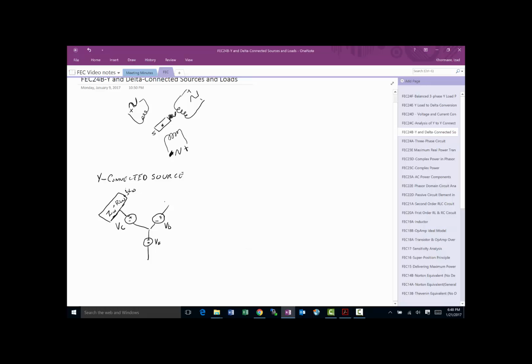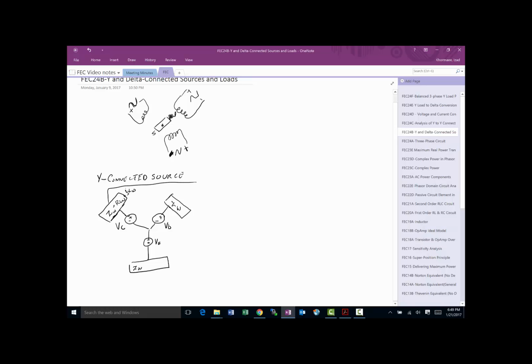All three should be exactly the same if you want it to be balanced. VA, VB, and VC have to have the same frequency, the same magnitude, and be 120 degrees out of phase. That is accomplished by putting these three windings 120 degrees apart. And of course, this has exactly the same ZW as that, and this has a ZW exactly the same as that.